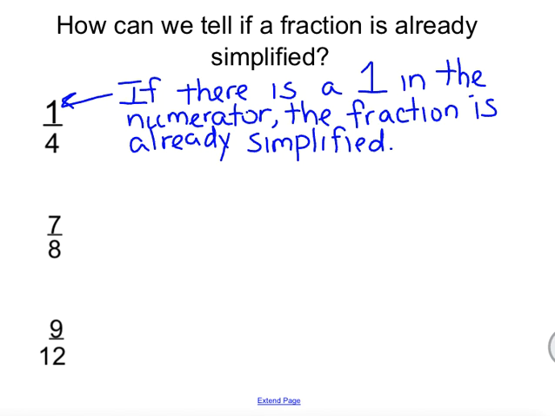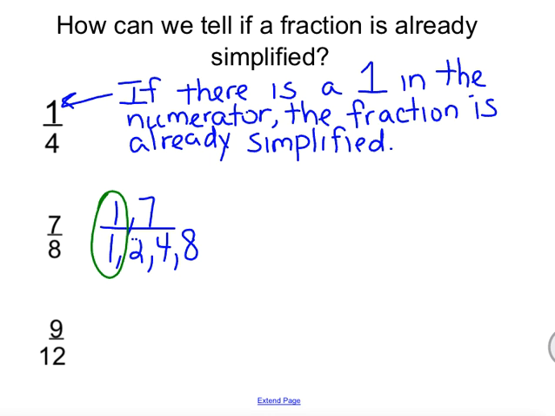So we're going to list the factors of the numerator, which is 7, 1 and 7, and the factors of the denominator, which are 1, 2, 4, and 8. And I go again following the same steps, and I find the common factors. So I look at these factors and I say, they only have the number 1 in common.